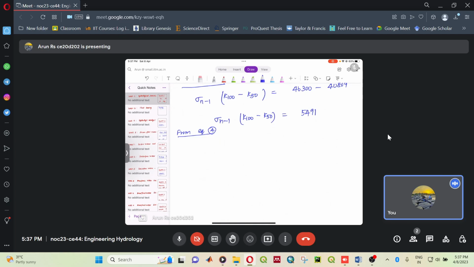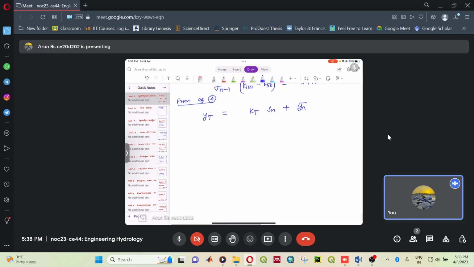Let me write yt is equal to kt into Sn plus yn bar. So if I write y100 minus y50, it will be k100 minus k50 into Sn, and yn bar will get cancelled.